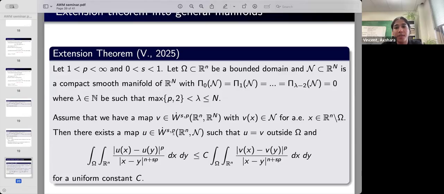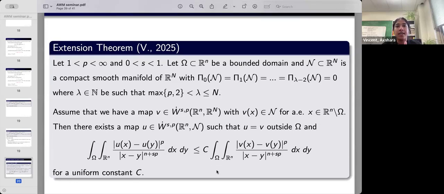Then we can find a map U such that it takes values into the manifold with the same values outside omega as the original function, and the fractional energy of U is bounded above by the fractional energy of V up to a constant.